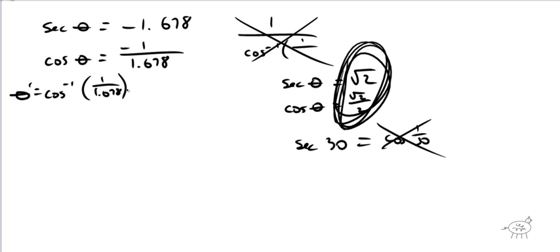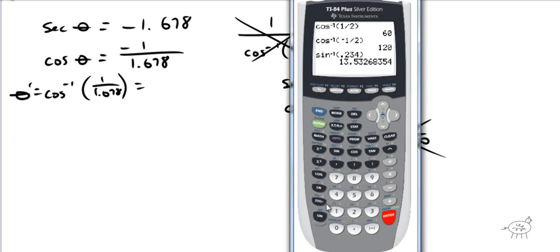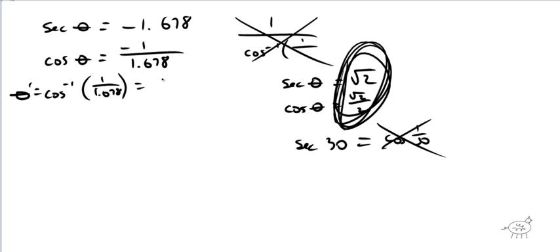Let's show the calculator here: inverse cosine of 1 divided by 1.678. It's always good to close parentheses too. It's a good habit. And we get 53.4 degrees. Okay, so 53.4 degrees, that's the reference angle.